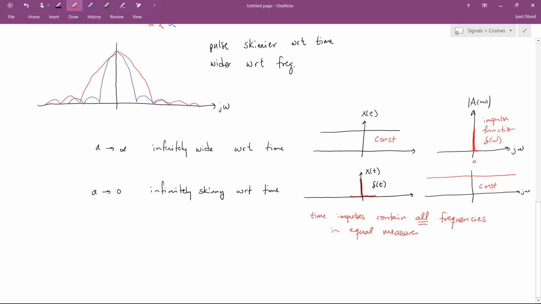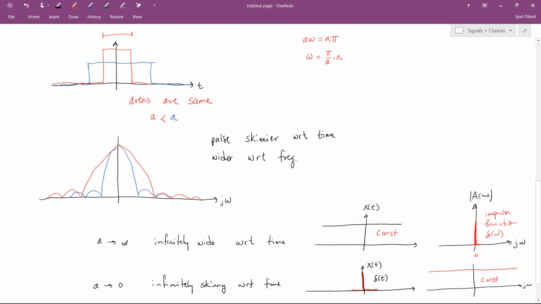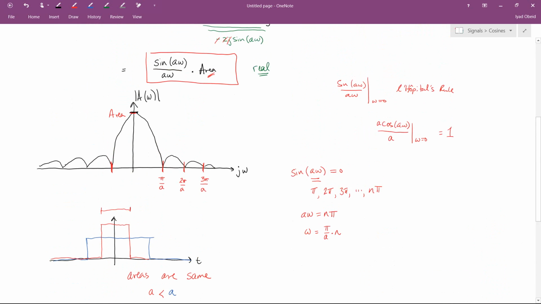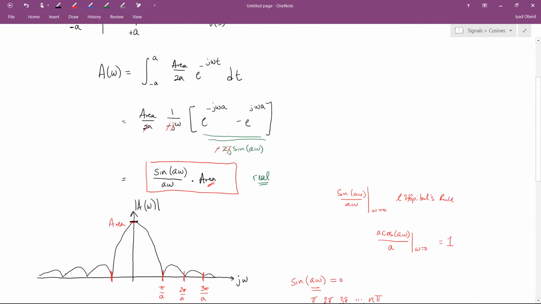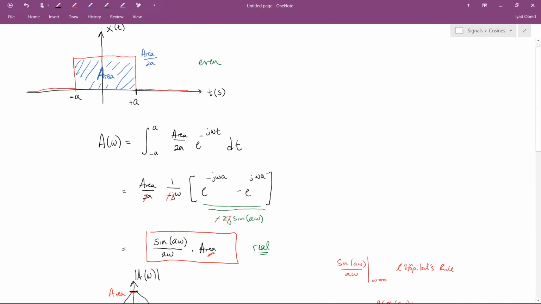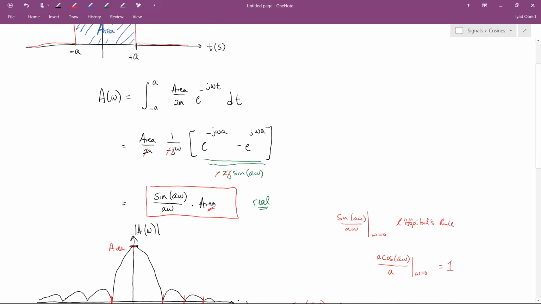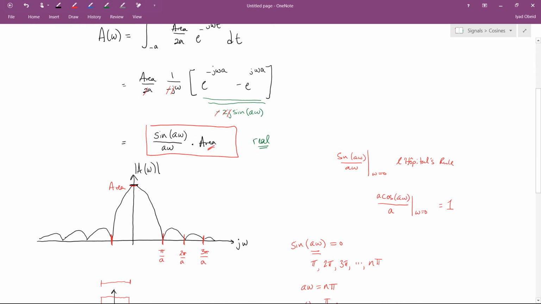They have all frequencies in equal measure. And because it has that property, we're going to wind up using delta functions a lot, time impulses a lot. But for now, let's just try to remember the fact that the Fourier transform of a square pulse, such as the one we're looking at here, always yields a sinc function with respect to magnitude.